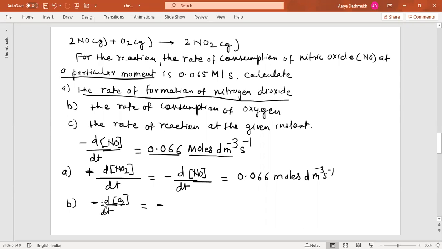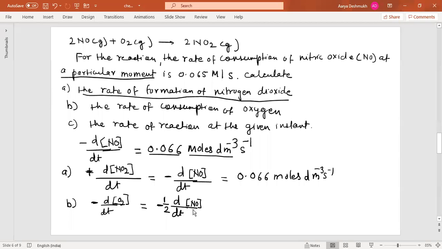So we need to compare this with the rate or the data which is given. So write this minus d/dt of NO, isn't it? Now the only thing here, you need to add minus half, because there are 2 moles of NO and there is only 1 mole of oxygen here. So you will be writing in this form.